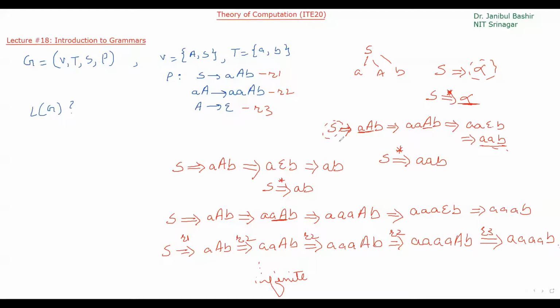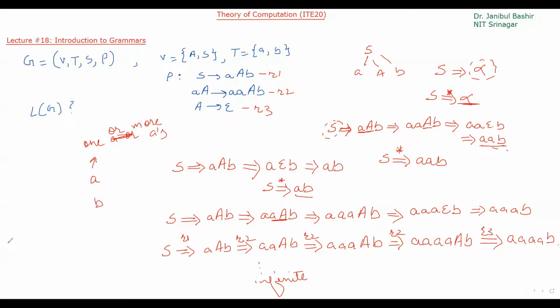Okay, and you can see that in all these strings that are generated by these particular rules, all strings are of this type. First we have one a or more a's, and at the end we have only one b.